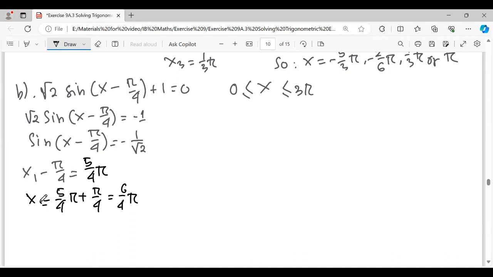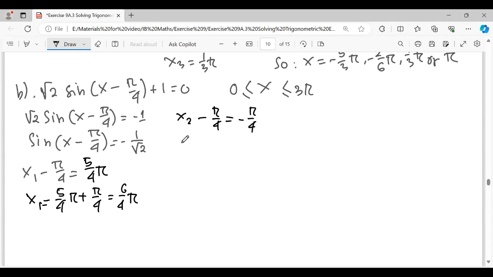And then x2 minus pi over 4 equals negative pi over 4.